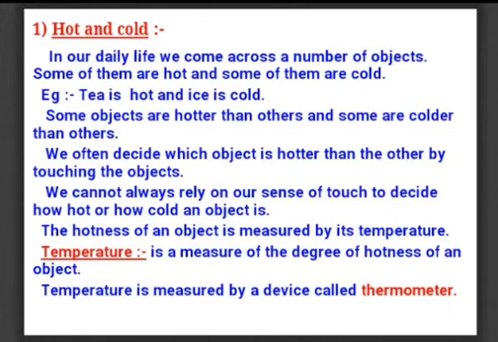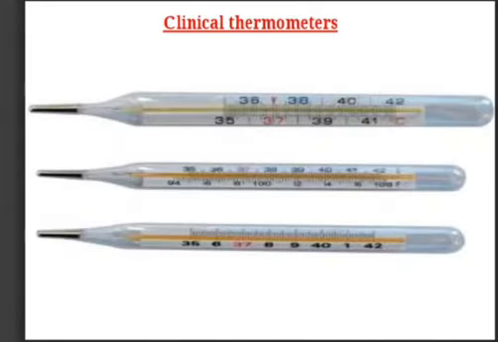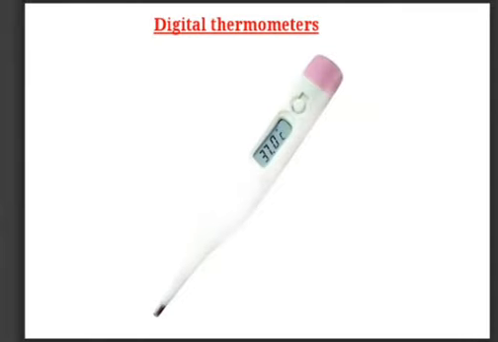Temperature is measured by a device called a thermometer. Which device is used? Thermometer is used. Basically, there are two types of thermometers. First is clinical thermometer and second is digital thermometer.